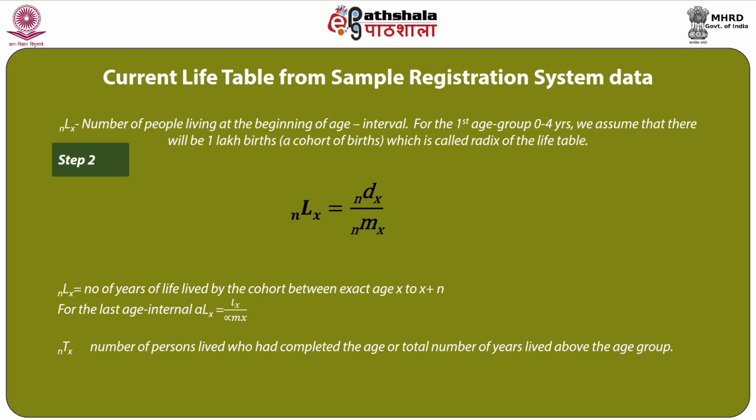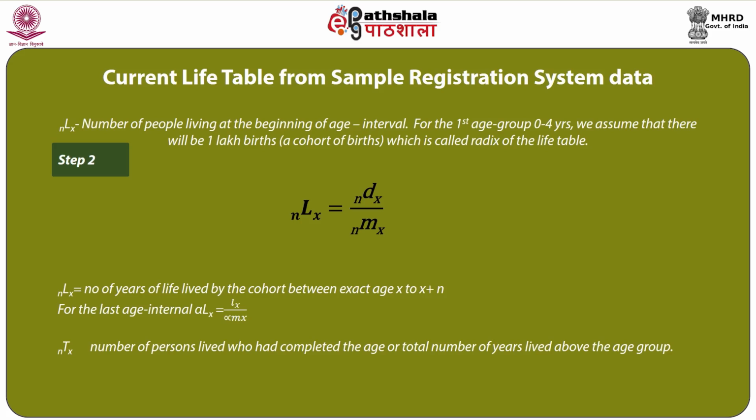NLX is equal to NDX divided by NMX. Capital NLX is equal to number of years of life lived by the cohort between exact age x to x plus n. For the last age interval, alpha LX is equal to small lx by alpha mx.